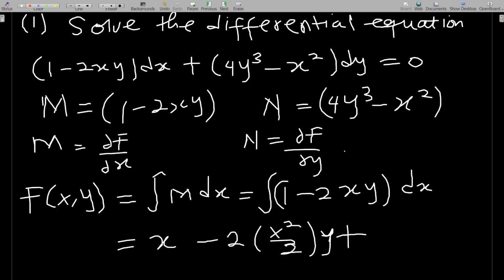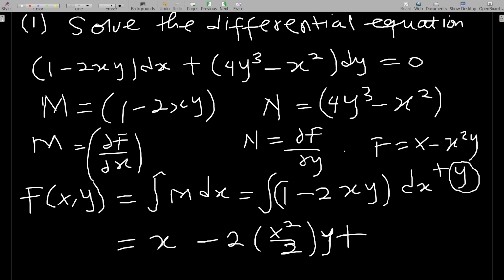There is always a constant of integration for indefinite integrals, and this constant is supposed to be a function of y. Because look, M is equal to differentiating f only with respect to x. If f was equal to, let's say, x minus x squared y plus another, let's say, y, when I differentiate this with respect to x, this side will go to 0, because in that case y is actually a constant, and that is a function of y only.